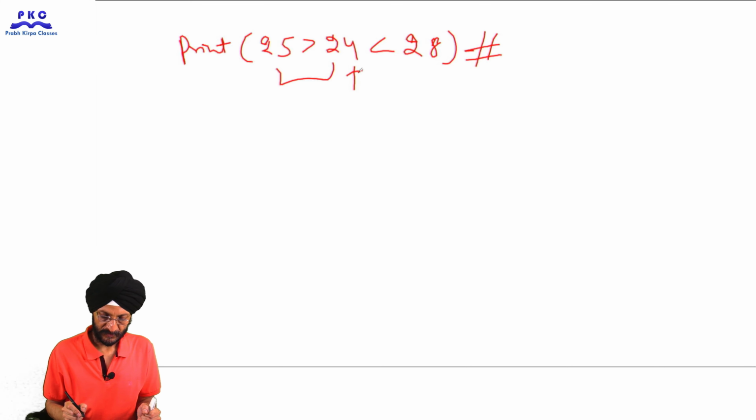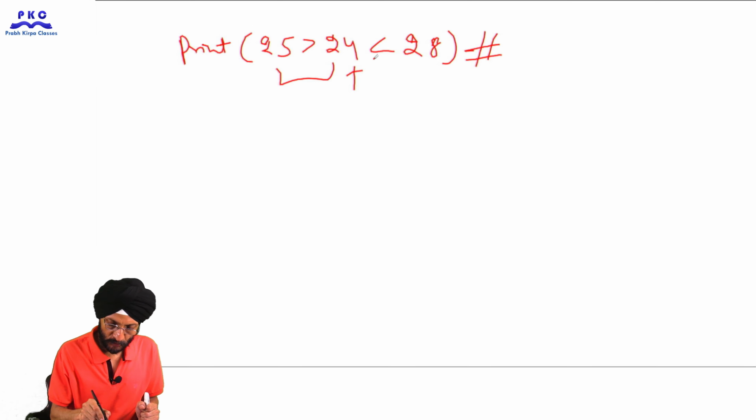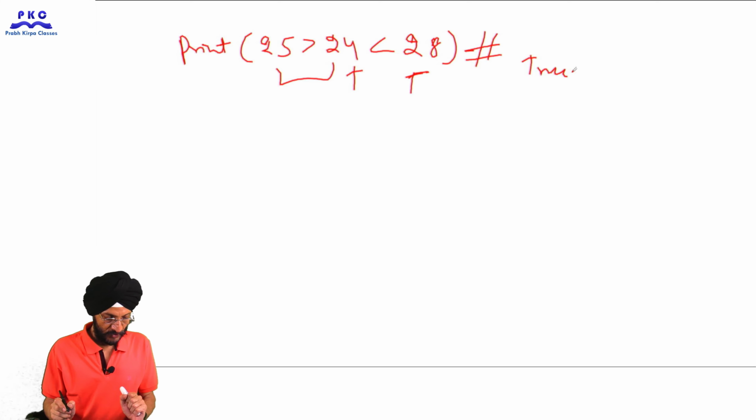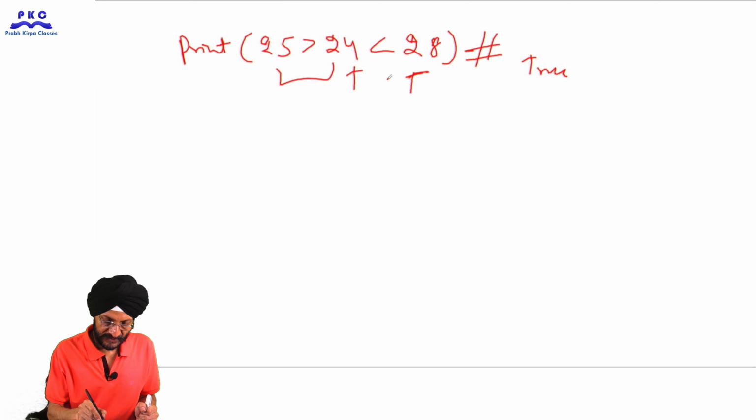True. Then we evaluate the second part. 24 is less than 28. True. So both the comparisons are true. First part and second part both are true. The answer will be true.